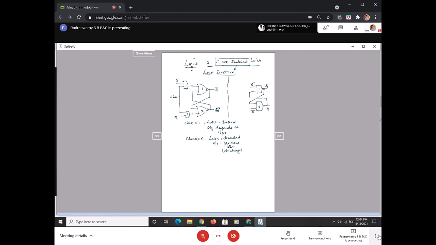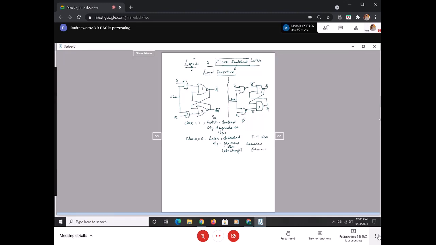In order to get S bar and R bar, we used to have a NAND there. This is the clock we have, and this is S and this is R. When clock is enabled, I get the complement output over here. So both for this as well as this, it's the same, and the truth table also remains the same.